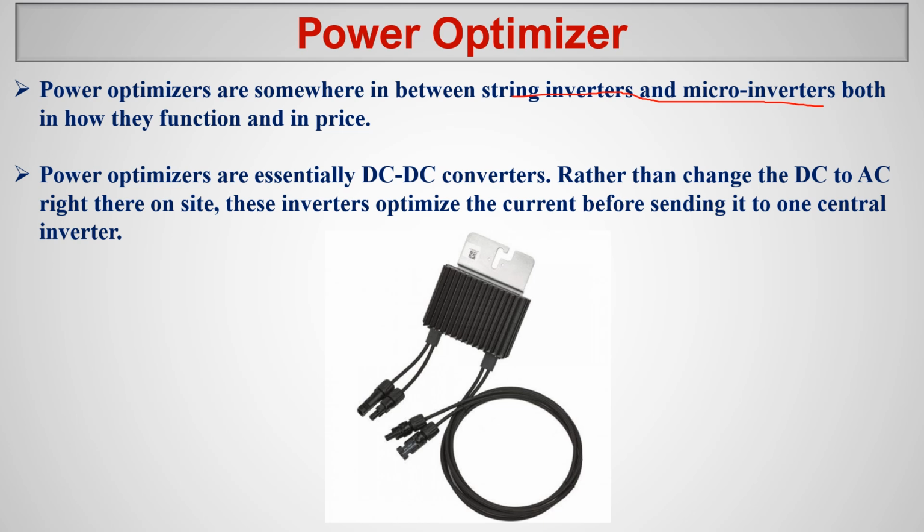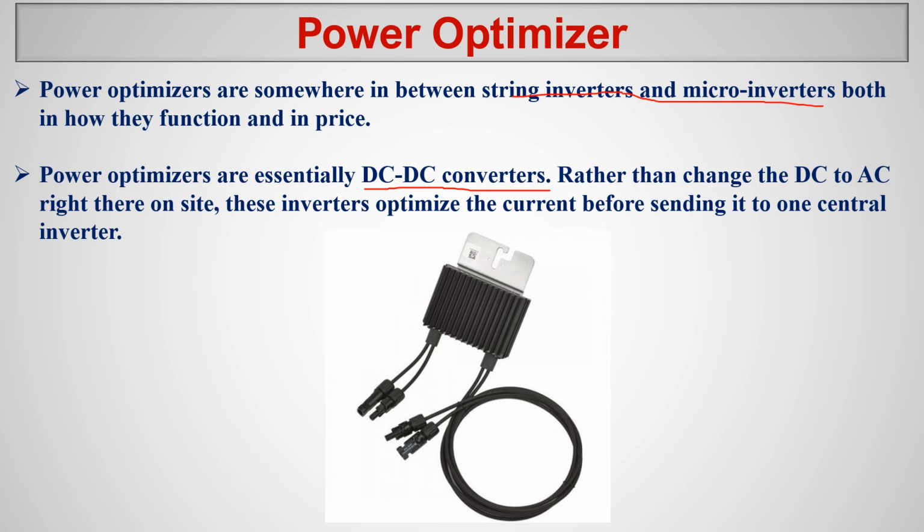Essentially this is a DC converter. What the power optimizer will do is increase the current. Every module is connected with a power optimizer, based on what the central string inverter needs for the power, the current rating. So it optimizes the current, increasing or reducing it. It is a DC converter.